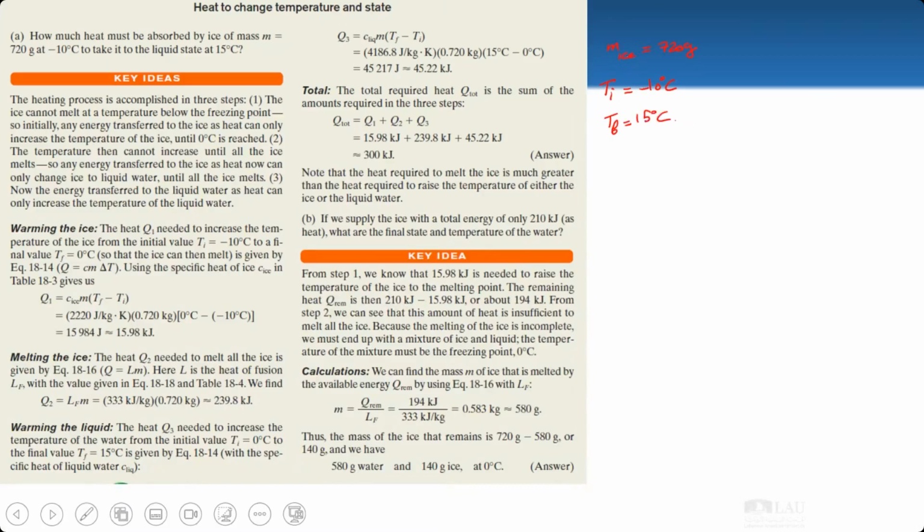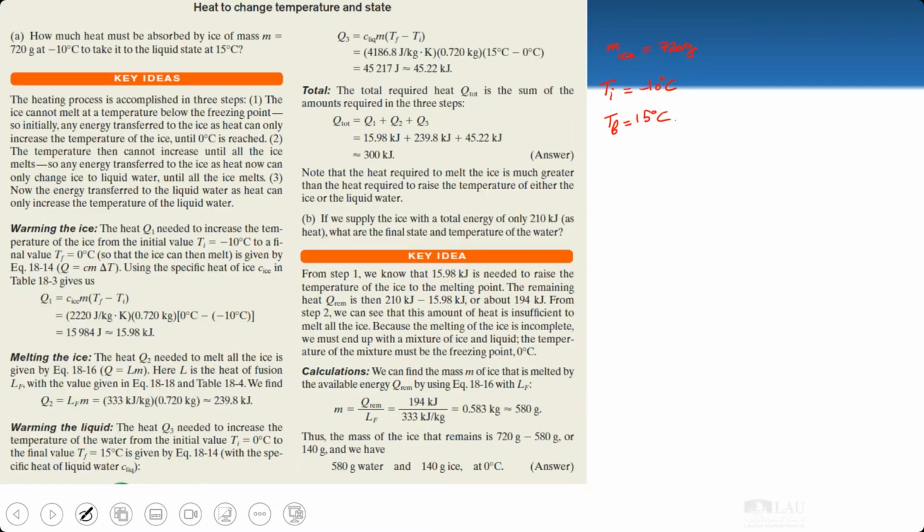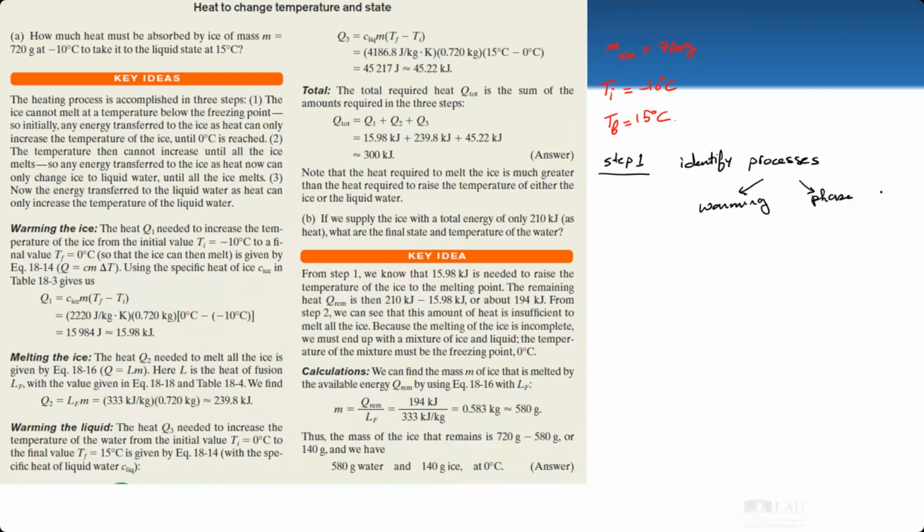So here I want you, whenever we are heating up a certain material, I want you to first look at the processes happening. Step 1, identify processes. The processes will be some warming and some phase change if there is any.